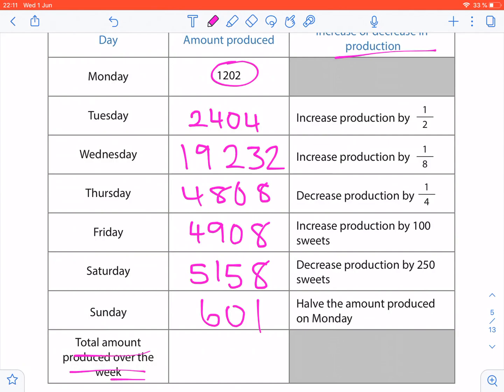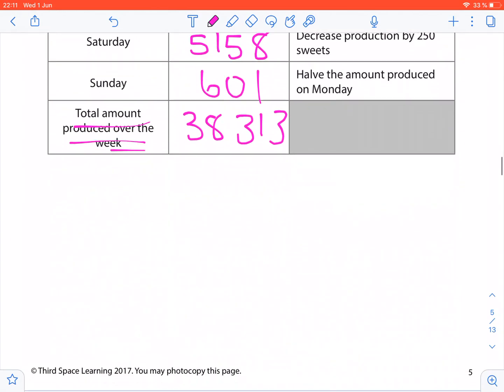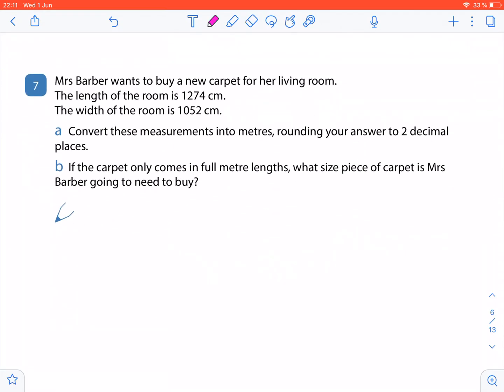But you guys can obviously do it by hand, and obviously you can check whether I got this right, because I am doing this quite speedily. So let's see. I've got 38,313, but obviously check that my working out is correct, but I may have made a mistake somewhere because I was speeding.